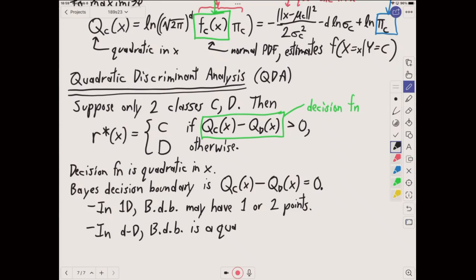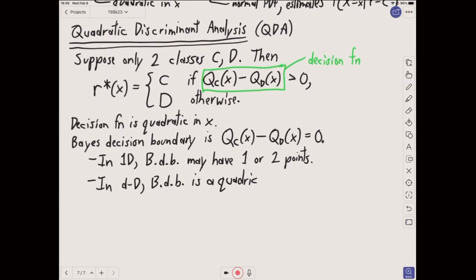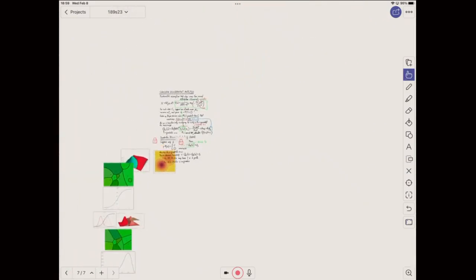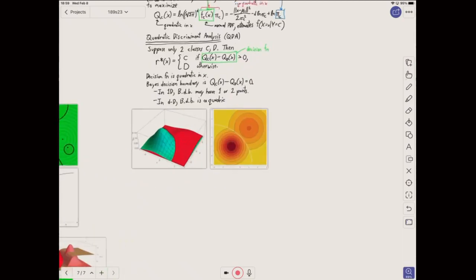In general, it's called a quadric. I discussed quadrics before in lecture 4 when I talked about using quadratic features. Same thing comes up here. And reminder from the end of last lecture that here's an example of what they might look like.